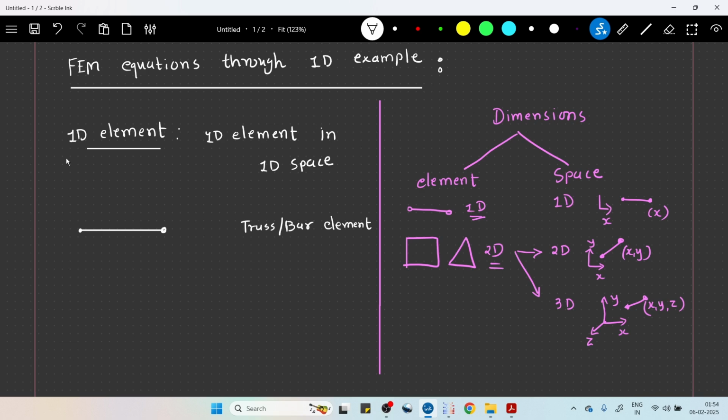Since this is a 1D element, the other two dimensions are represented by cross section dimensions. So A is known, length is known, and the material is known, so E, Young's modulus.